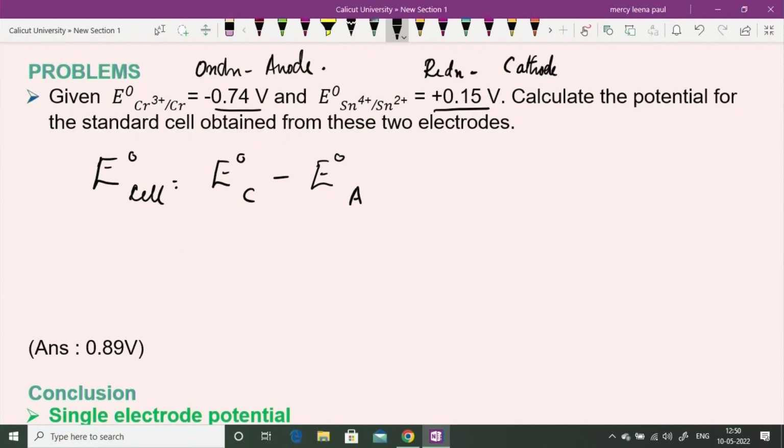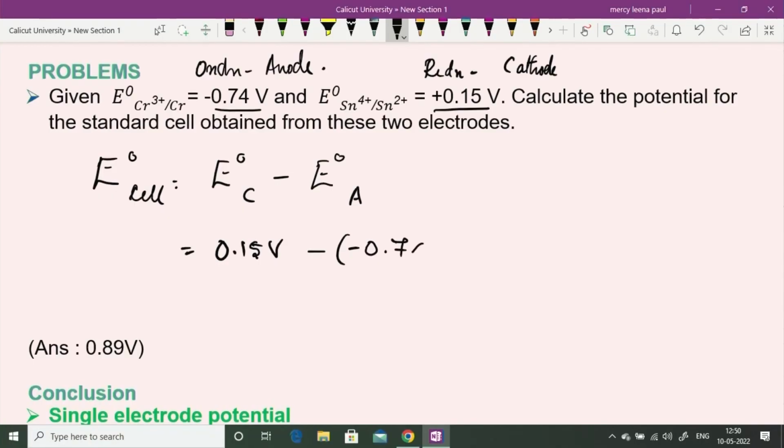So, you can calculate it, that is 0.15 volts minus of minus 0.74 volts, and when we do it, we will get the answer as 0.89 volts. So, first you have to identify which is the cathode and the anode from the values given, and only then you can apply that to the equation, otherwise the answer will go wrong.